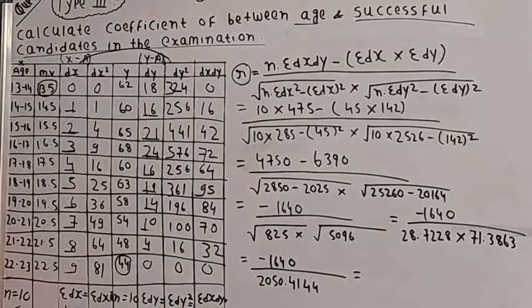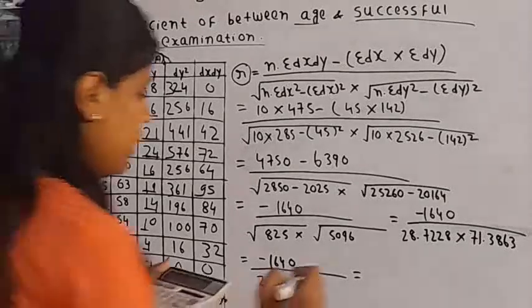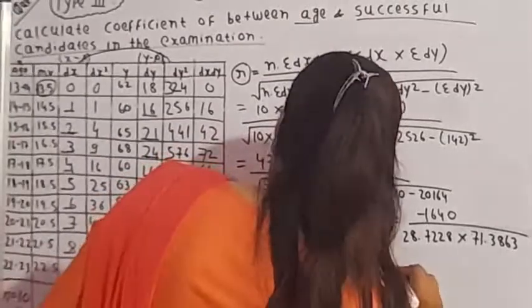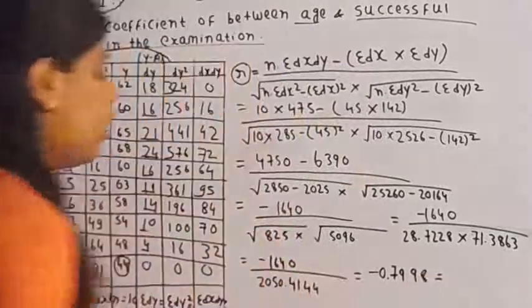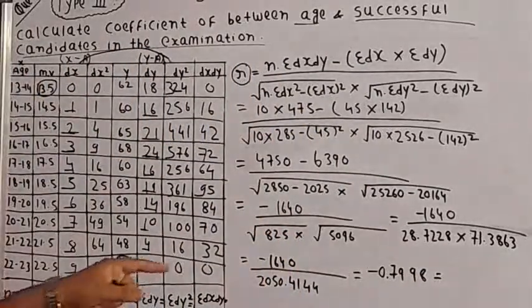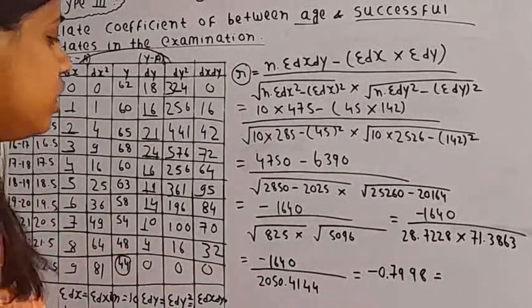So let's do it. Minus 1640 divided by 2050.4144. So it would come to minus 0.7998. Okay, so I have computed up to 4 digits. Now I will write the answer in 2 digits only.